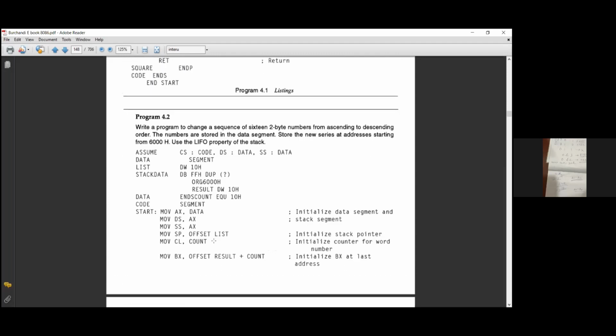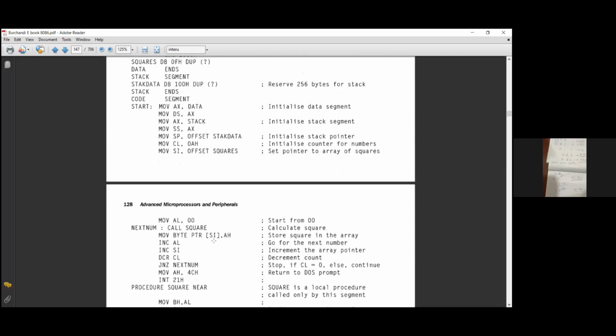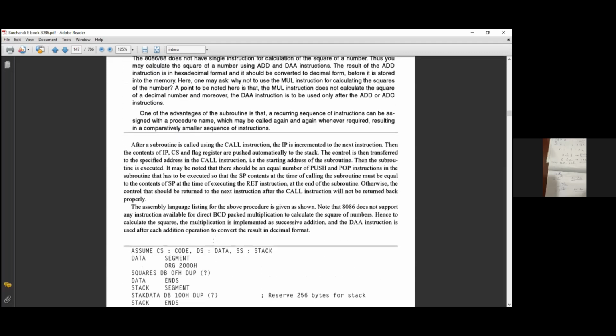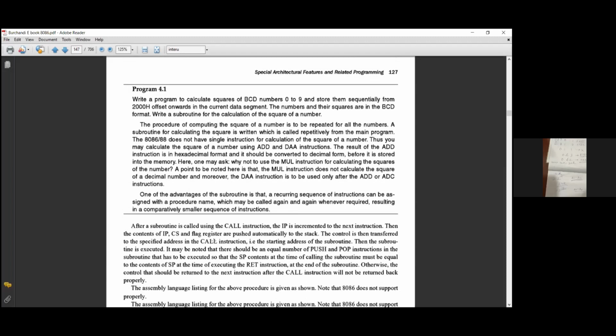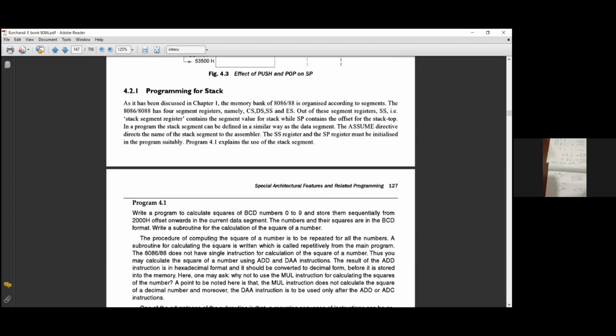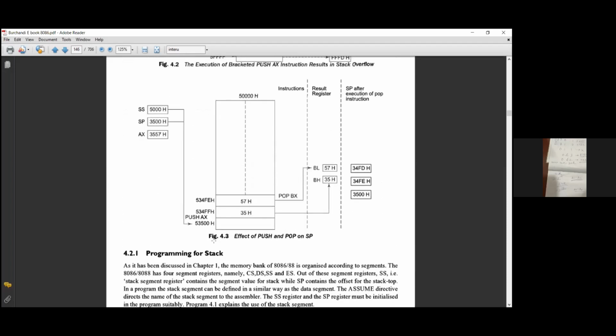There is another table in interrupt. This one?